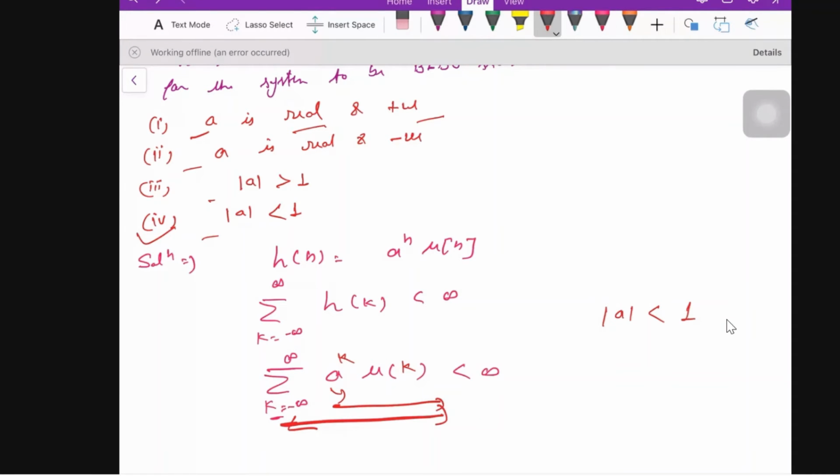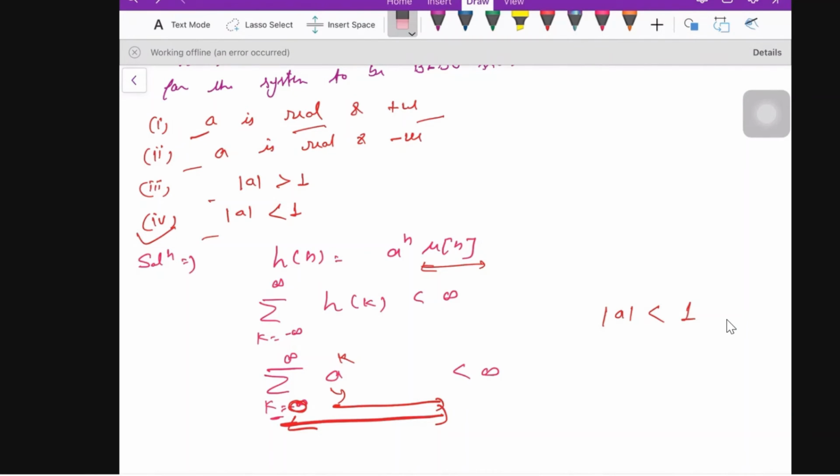If we talk about this, one thing is clear, it is going from 0 to infinity because it is multiplied by u[n]. So you can write k equal to 0 over here, and you can remove this. What remains is a^k.